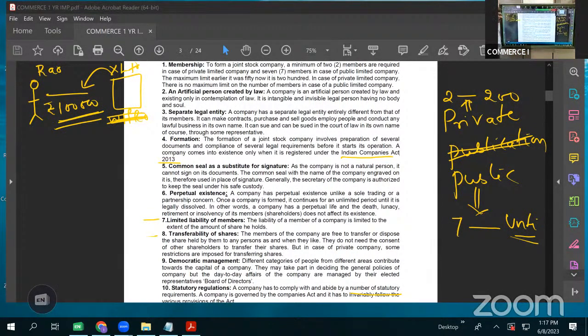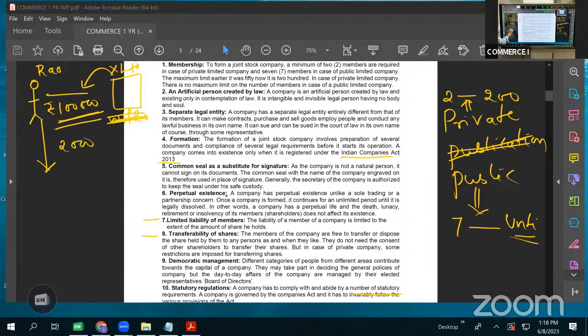Next is transferability of shares. In case of a public company, see again, yesterday I told this example, in a partnership, the shares cannot be transferred. If Mr. A says, I want to move away and this place will be taken over by my son, it is not acceptable. But here it is not like that. Suppose Mr. Rao is owning 2,000 shares.